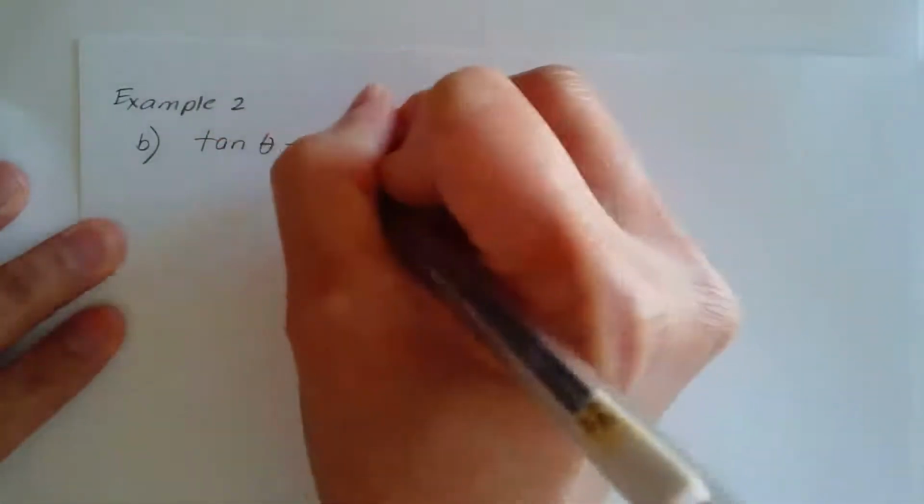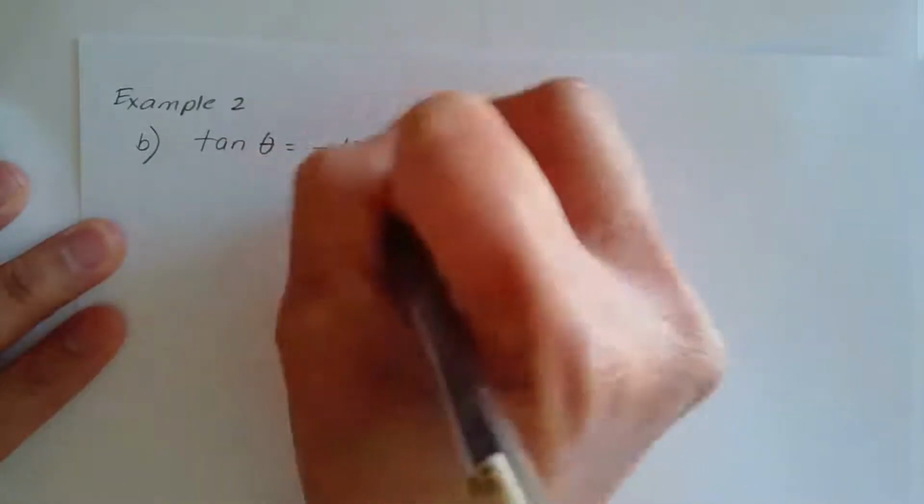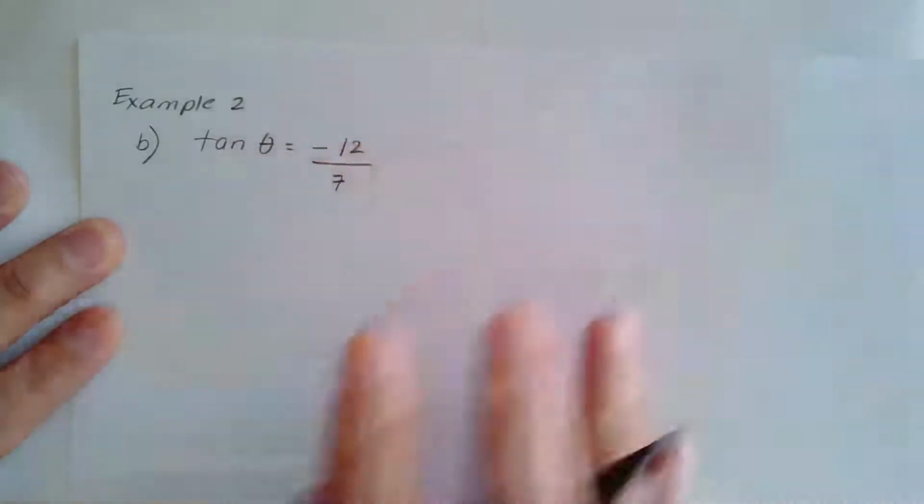So let's take a look at question B. What does question B look like? Pretty much the same thing. Example 2, and we're going to do B. In this particular case, the given information is the tangent of theta is equal to negative 12 over 7.